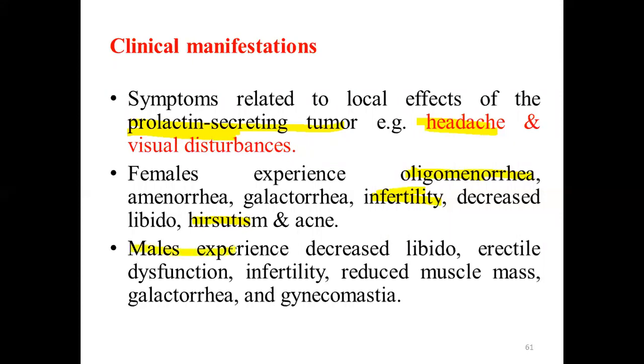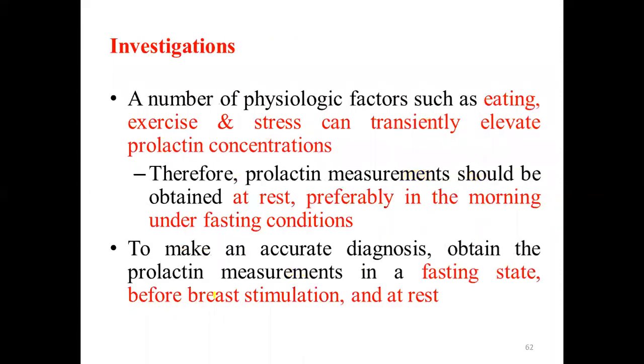If the level of prolactin is elevated in men, it can decrease libido, cause infertility, and of course galactorrhea and gynecomastia can happen because of the effect of prolactin on the breast tissues. Those are some of the major clinical presentations when a patient has elevated serum prolactin.